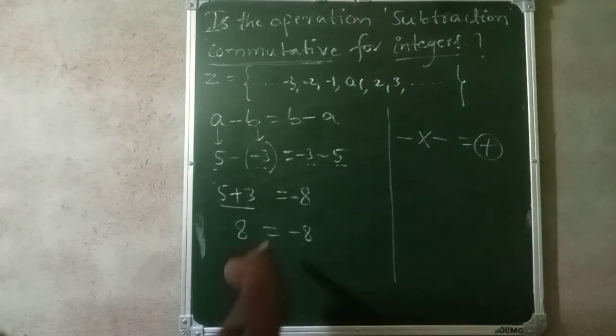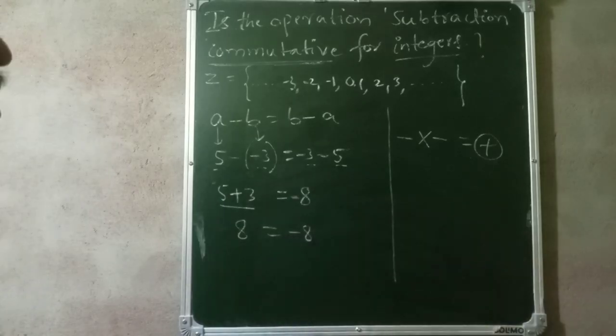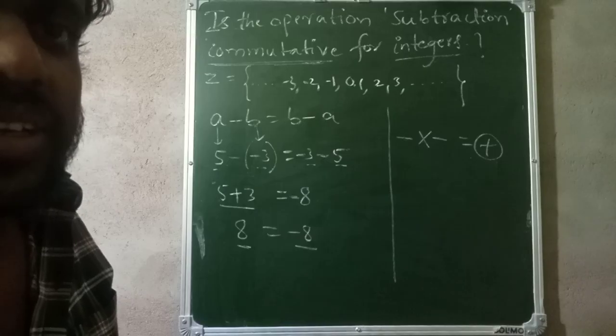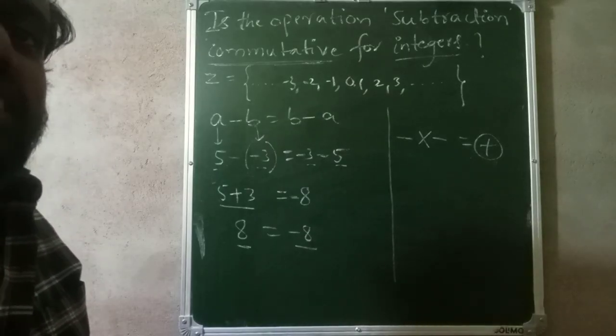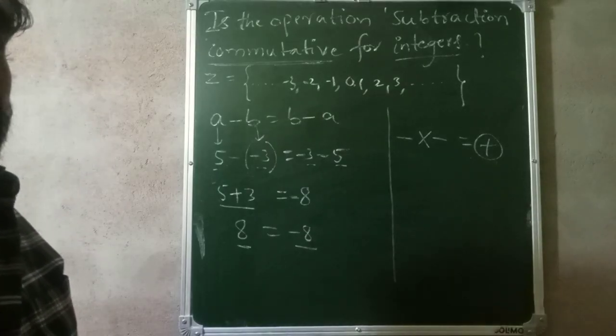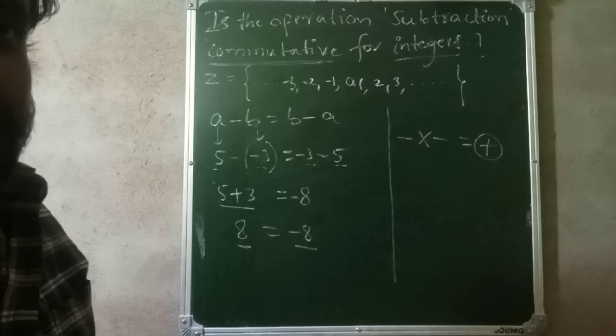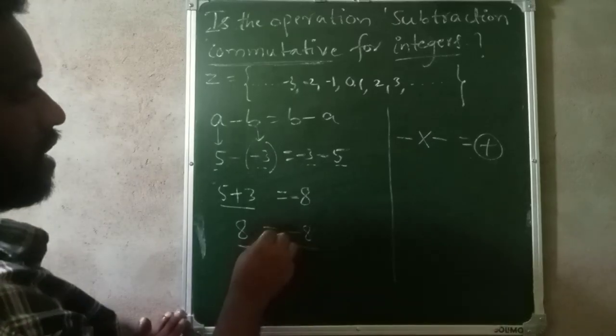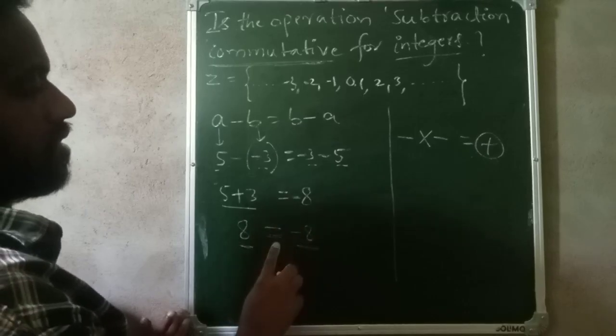Next, this side: 5 plus 3 is 8, equal to minus 8. You can see here, this is 8 and this is minus 8. So 8 is different and minus 8 is different, correct? They cannot be equal, but the equal sign is there.